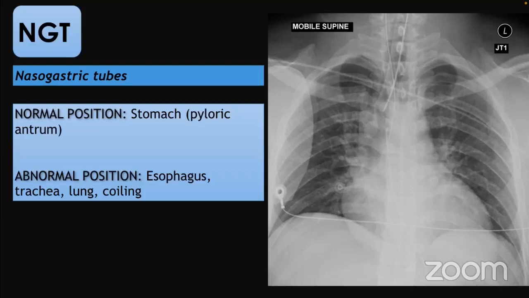It's malpositioned here by the yellow line. It went down, after that it came up, and the tip is seen at the mid part of the esophagus, so it needs to be repositioned.